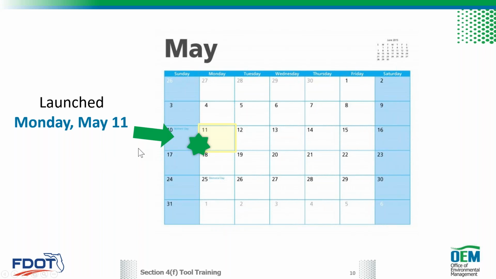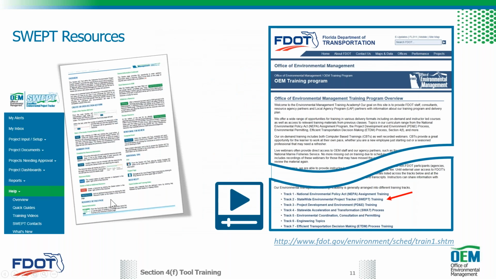So as I was saying, we are planning on having this ready for you Monday morning. If you have questions about using SWEPT, we did put our quick reference in the handout for the webinar that you can download, or you can get it from the help quick guide section on SWEPT.